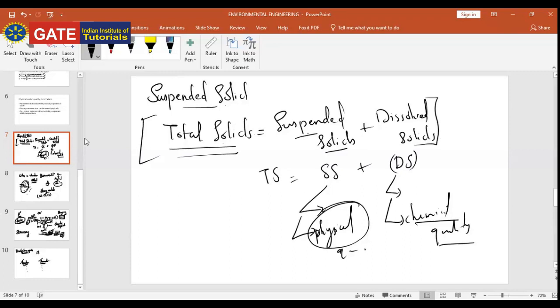Because the suspended solids may accumulate somewhere and form a bigger obstruction. And this causes incrustation inside the pipeline. What is incrustation? Incrustation means blocking of the pipeline.